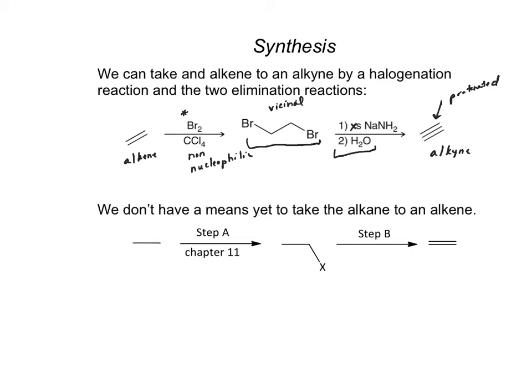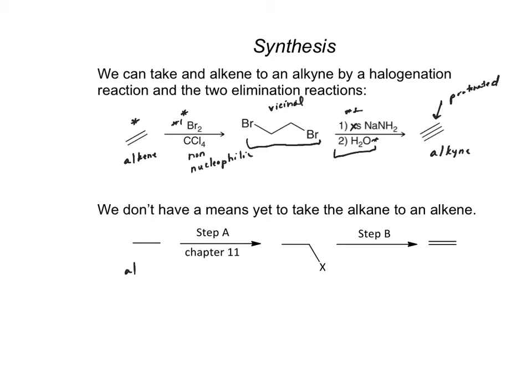That's why we add water at the end, to ensure we end up with our non-deprotonated alkyne. So we can take an alkene to form an alkyne. It just has two different reactions: reaction number 1, and then reaction number 2.